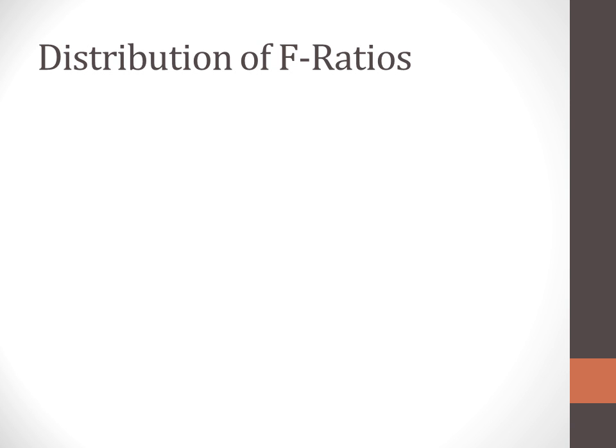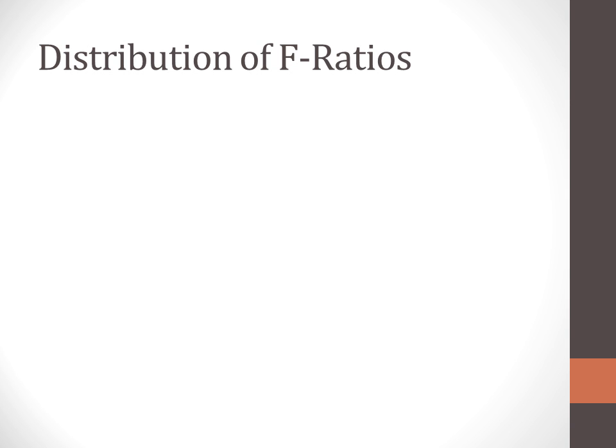And if that is the case, we would expect the value of F to be around 1. The question comes up is what values are considered close to 1 and what values are considered far away from 1? To answer this question, we need to look at the possible F values. That is, we need to look at the distribution of F ratios.